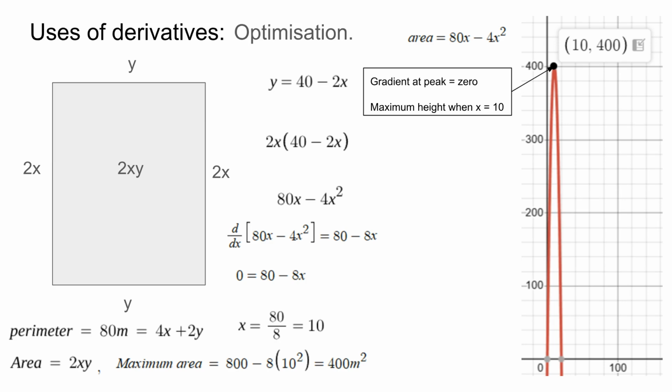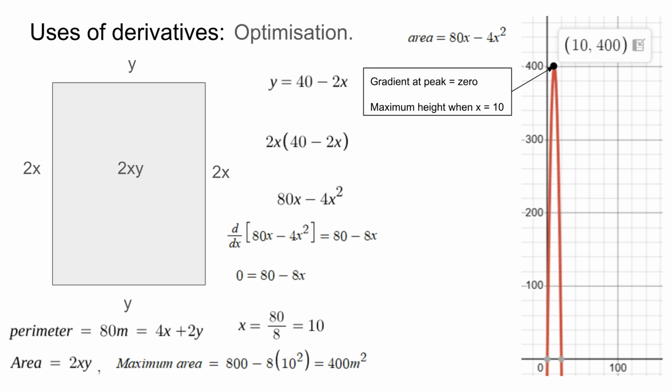We can then substitute this value into y to get the area in terms of x, which equals 2x multiplying 40 take away 2x, which equals 80x take away 4x squared.